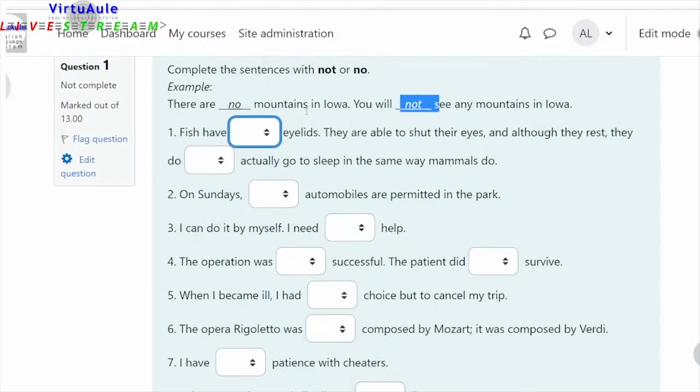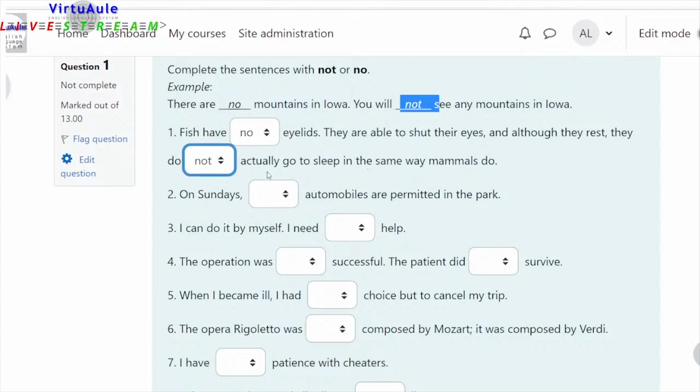exercise. So the first one, number 1: fish have something eyelids, and you have the selection between not and no. Eyelids is a noun, so you have no eyelids. You're using no. They are able to shut their eyes, and although they rest, they do, and then you have not and no, actually go to sleep.